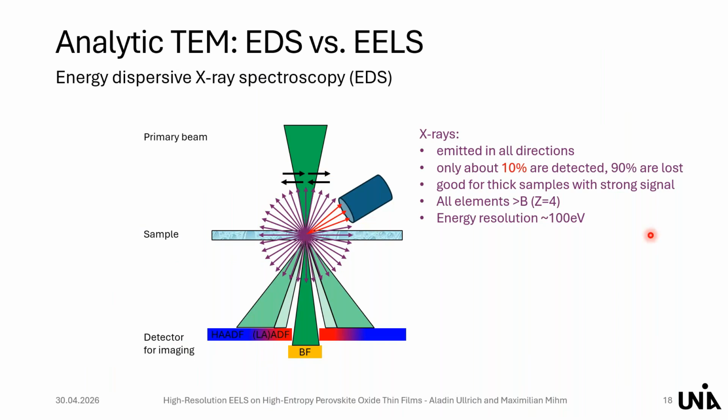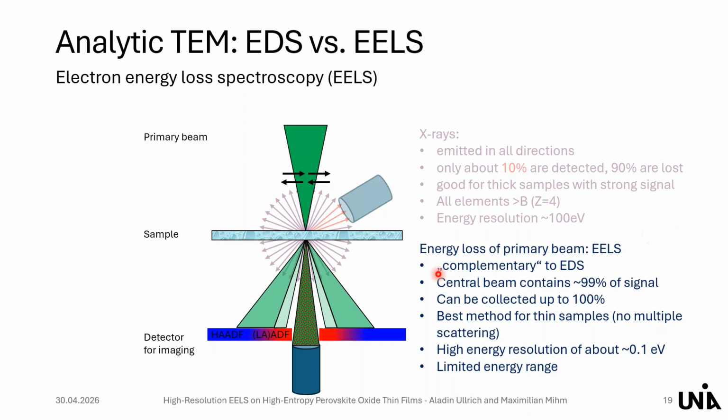Therefore, you can also apply the somewhat complementary technique, the so-called energy loss of the primary beam. When the beam is transmitted through the sample, it will lose some of its energy by inelastic processes, and this is somewhat complementary to the EDS.